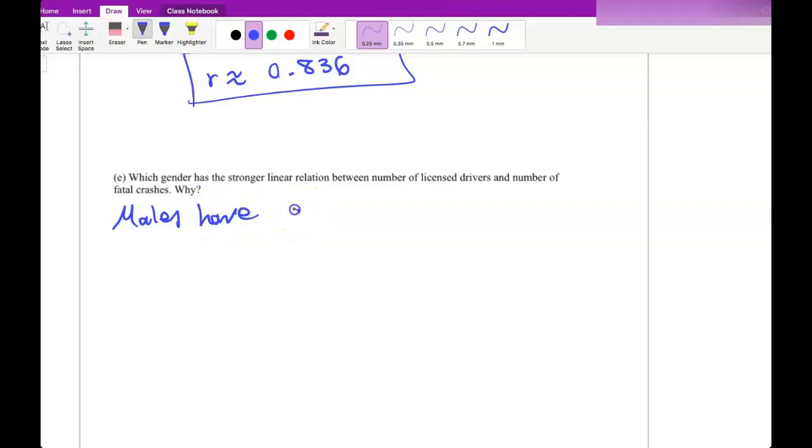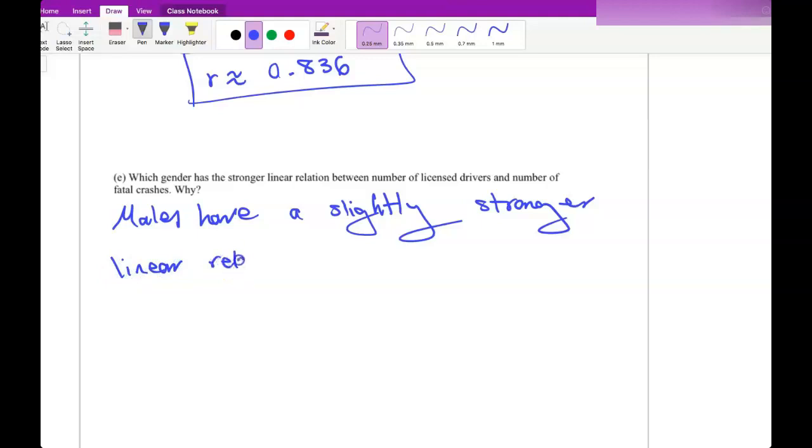It's a slightly stronger linear relation, and that is 0.883 versus 0.836.